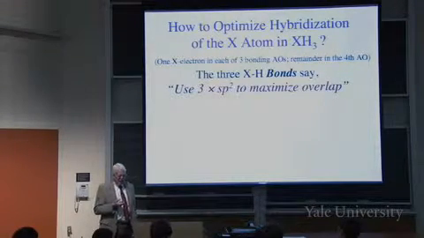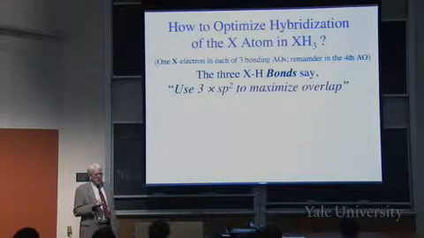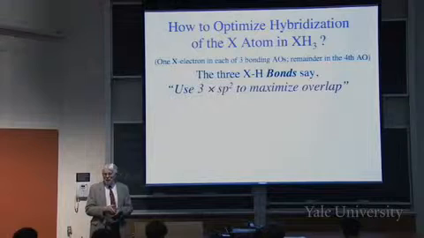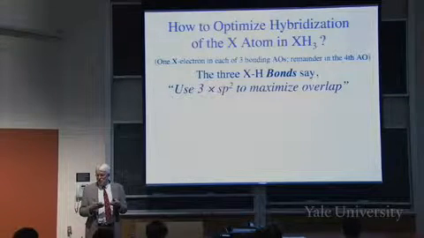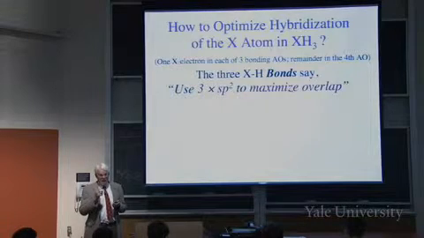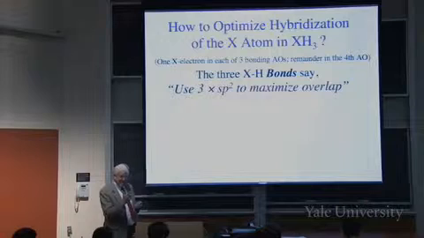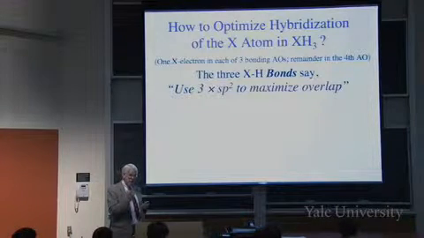Now let's first look at it from the point of view of the bonds. We want to make the strongest possible bonds. We want to maximize the overlap in the bonds. What hybrid gives the best overlap? SP. But we have to make 3 bonds, right? With SP, you can only make 2 bonds.